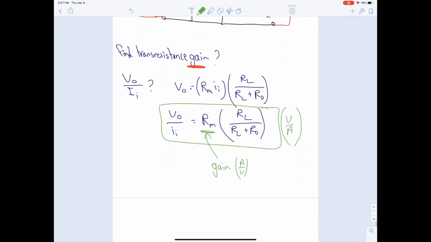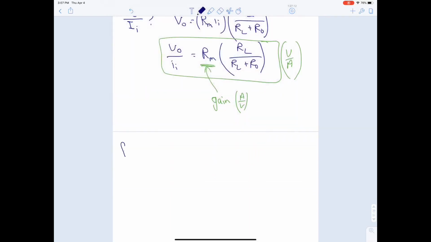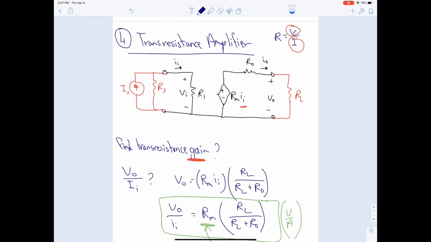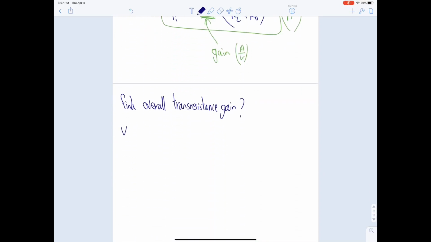Okay, moving on to the overall transresistance gain. Find the overall transresistance gain. Overall transresistance gain is V output divided by Is rather than the I input. So where should we start? We should start with V output.